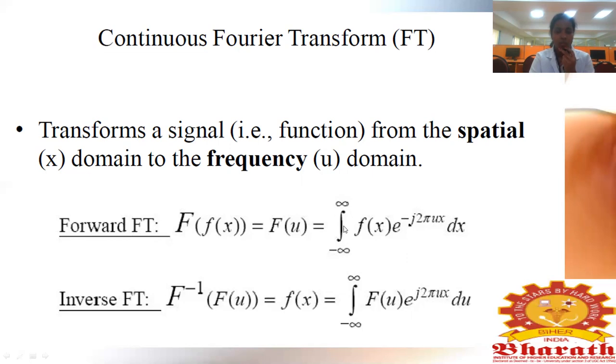And what are the limits from where I start and where I stop? That depends on the signal I choose. So from infinity in the negative part to infinity in the positive part, I can continue. This is the transform where the function in the spatial domain has been converted into a function in the frequency domain. Since it is in the forward direction, you call this the Fourier transform.